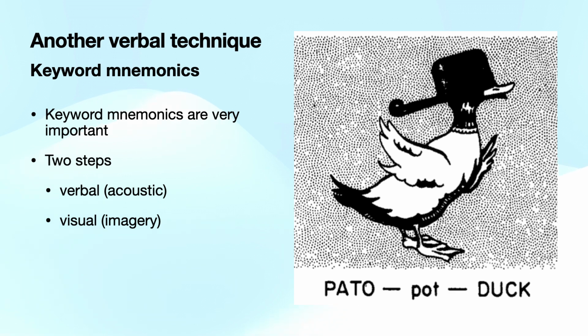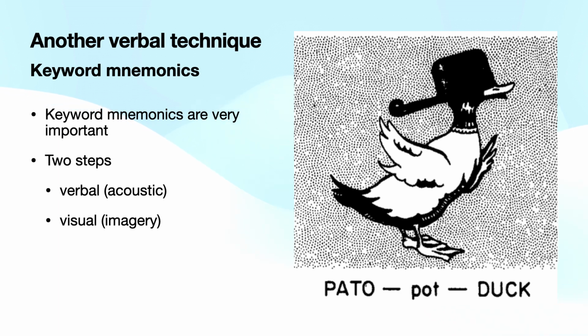We then need to associate the English word pot with the idea of a duck, so we close our eyes and let our imaginations roam about, and we get the idea of a duck wearing a pot on its head. Later, when someone asks us the Spanish word for duck, we think of that silly image and get the keyword pot, which then reminds us of the Spanish word pato. Simple, huh? Well, maybe not, but we'll come back to this a little later.